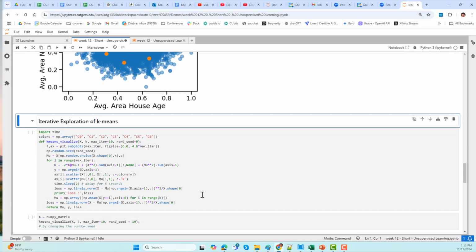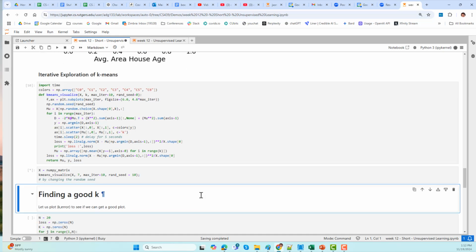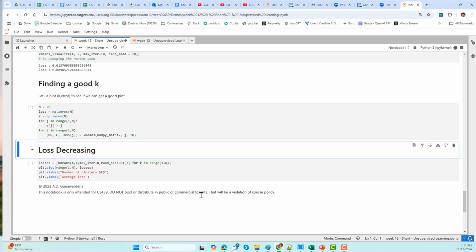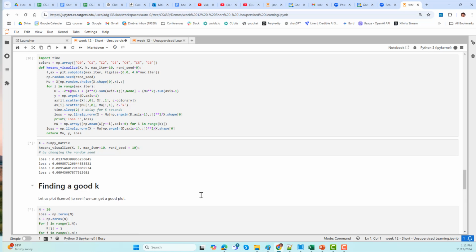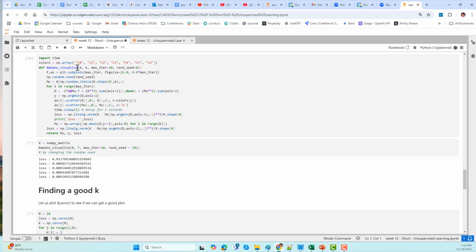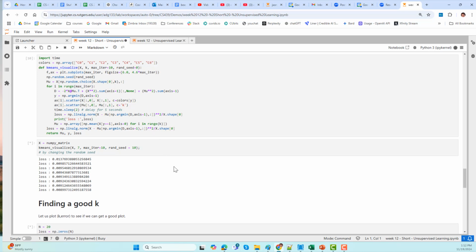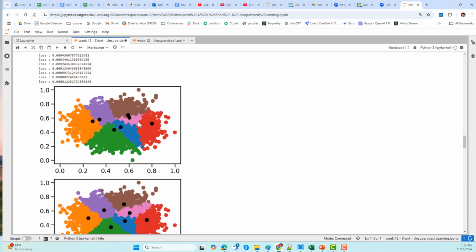Now, we can do interactive exploration of the k-means algorithm. Finding a good k is an important part of this. Here we can see we're going through k-means with 6 or 7 clusters. We are using some colors here, obviously, and going through the k-means algorithm, and hopefully we are reducing the loss. Here is another way to look at the k-means, you can see how the initial centers are.